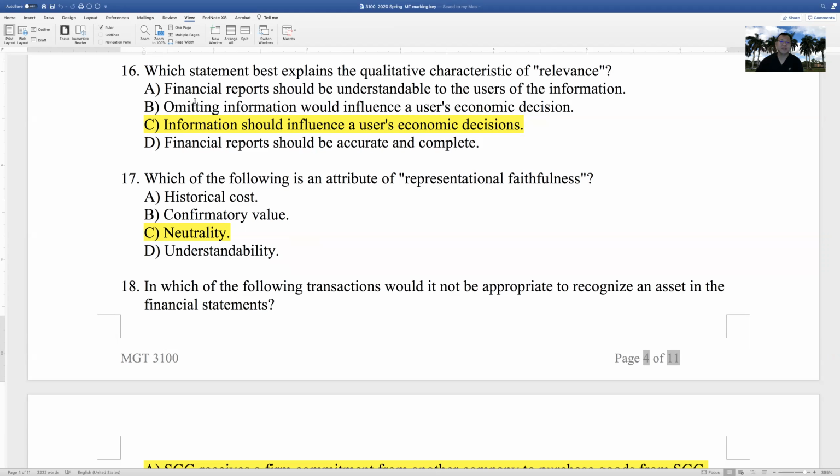B, omitting information will influence a user's economic decision. Omitting information, that's completeness, part of representational faithfulness. D, financial reports should be accurate and complete. Again, this is representational faithfulness. Only C is relevancy. It's about influencing a user's economic decisions.